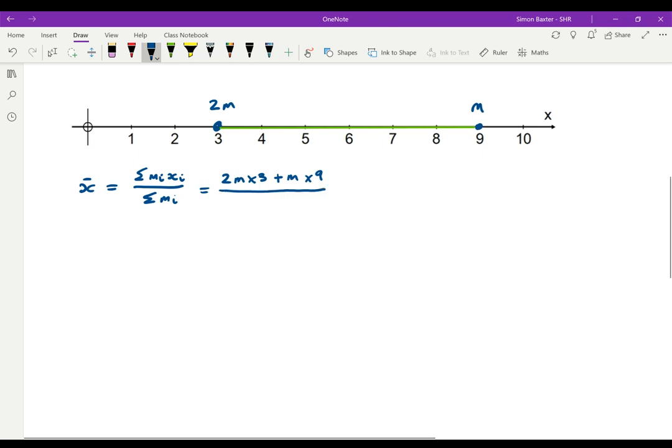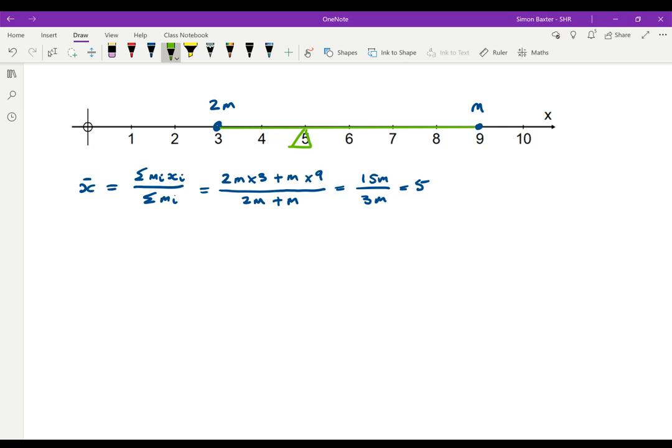And we want to divide that by the sum of the masses, which is 2m plus m. That equals 6m plus 9m is 15m, divided by 2m plus m is 3m, and that is 5. So this is suggesting that the balance point should be at 5.